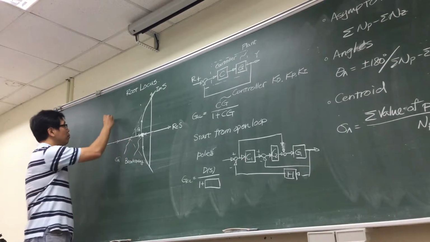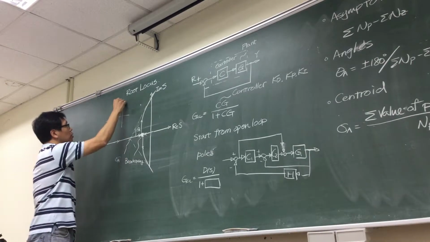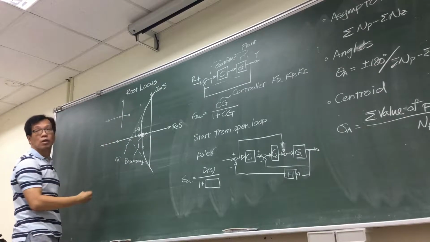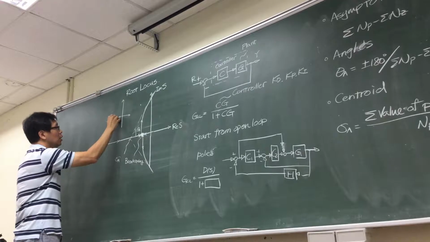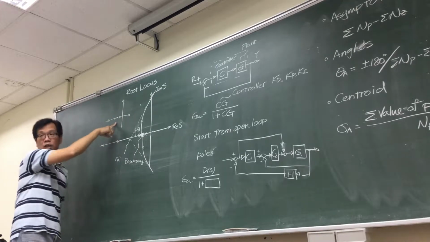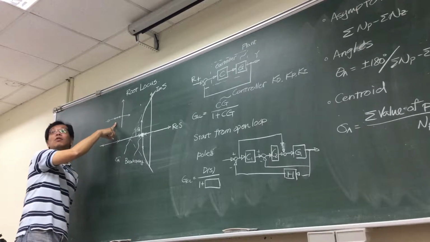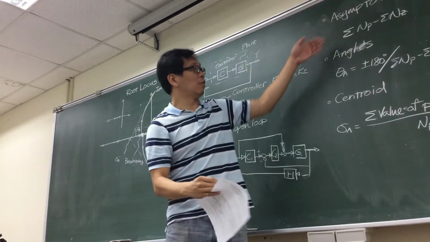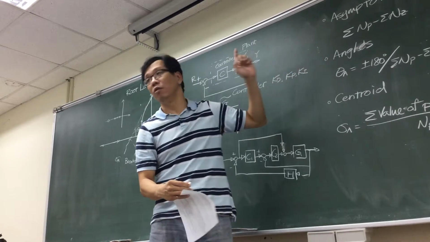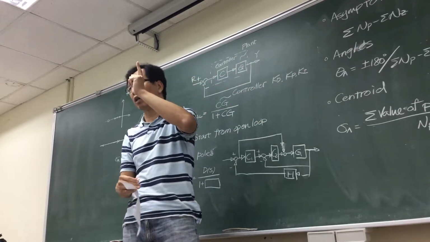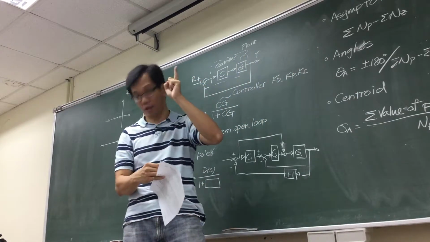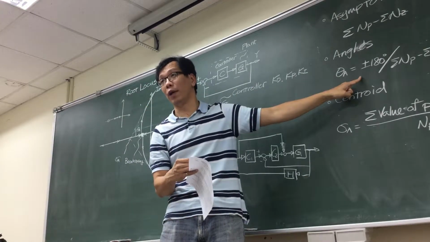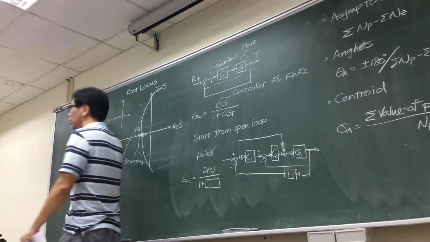If you have some other things, like you have a zero like this, in this case I have 2 poles and 1 zero, right? If you use the equations over here, you know we are going to have only one asymptote, and that must be negative or positive 180 degrees, which means it must go in that direction.